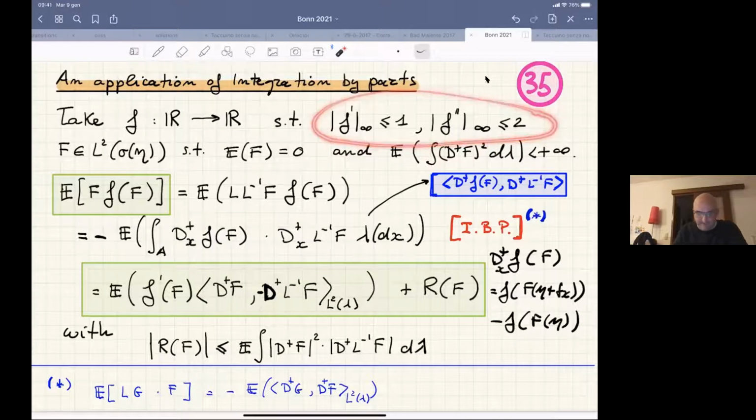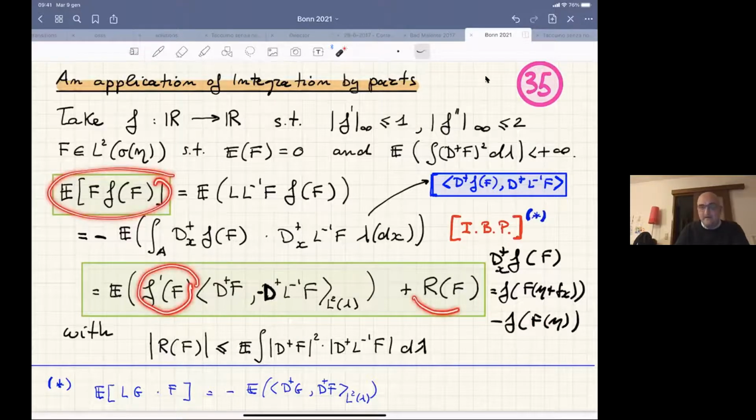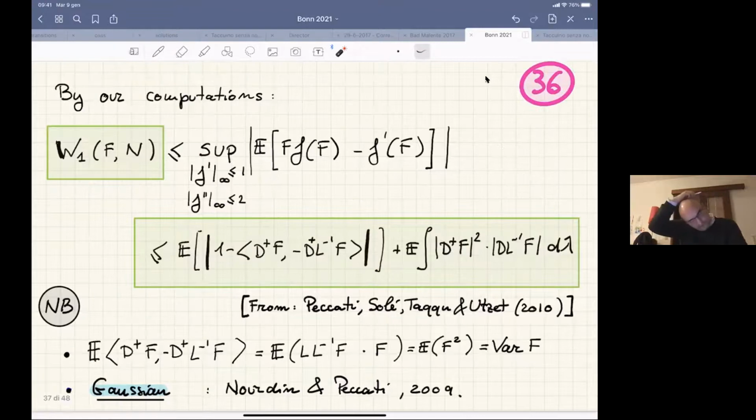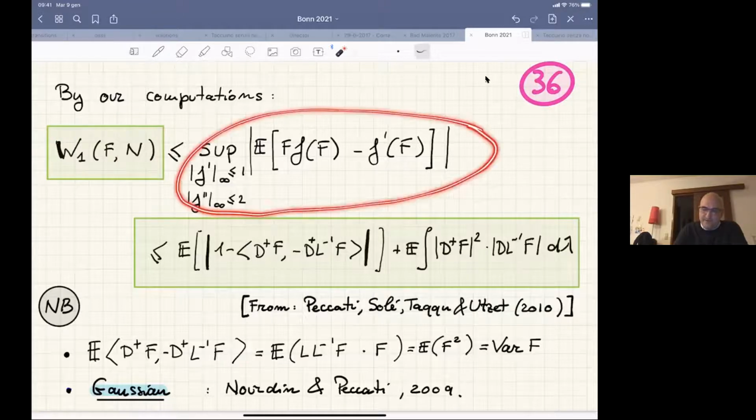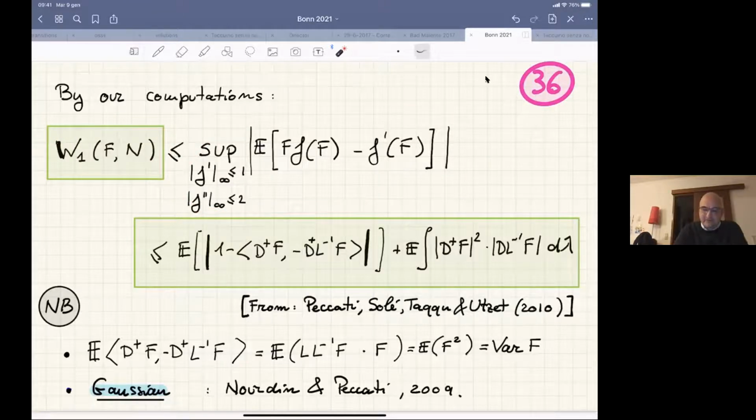Now, since I have written this expectation as something that involves f prime times a remainder, then I am in a situation which is closer to what I wanted, and I can actually accomplish the task I was telling you before, which consists in the following computation. So I have the one Wasserstein distance between f and n. I bound this as I did before with the supremum over all functions such that f prime is bounded by 1 and f second is bounded by 2.